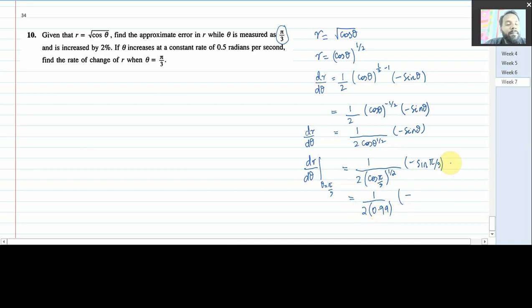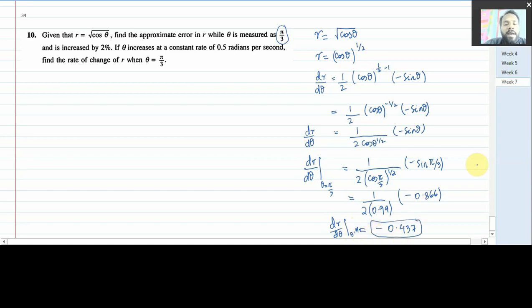Similarly, sine pi over 3 is 3.142 divided by 3, and the sine of it is 0.866. Now we need to solve these numbers. So 0.866 divided by 2 and divided by 0.99, the value we got is negative 0.437. That is my dr over d theta at theta equals pi over 3.